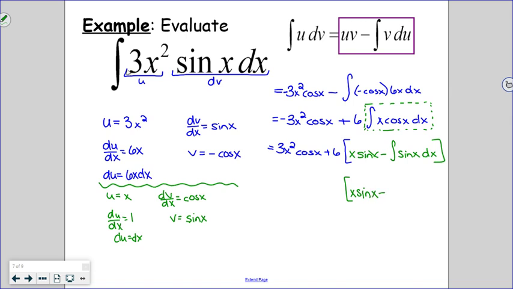So kind of focusing on that part again. Antiderivative of sine x. Negative cosine x, right? With the negative that's already out there, it is going to be positive cosine x plus c. And we still got all this sitting out front.